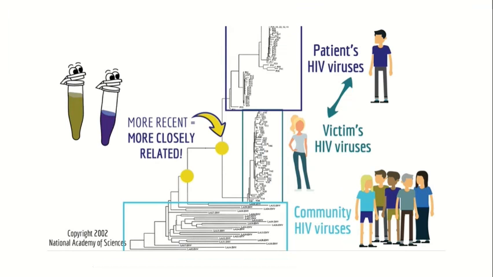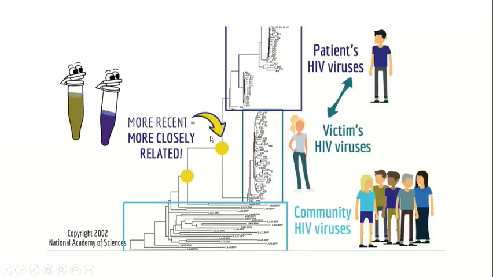So coming back to the story of the HIV patient, we see that in this phylogenetic tree, a lot of divergence occurred within the same patient, and this is because of the ability of the HIV virus to mutate very rapidly in organisms and their hosts.